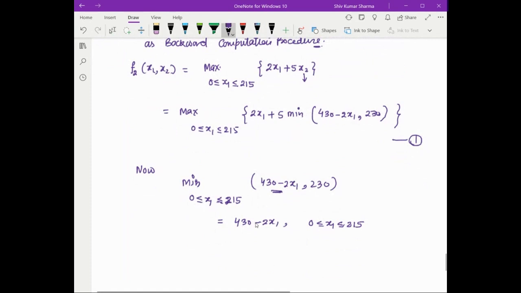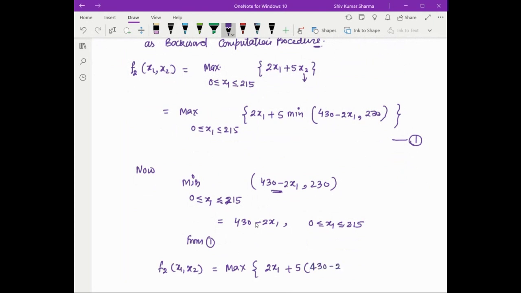From equation number 1, f2 of x1, x2 equals the maximum of 2x1 plus 5 into the minimum value.